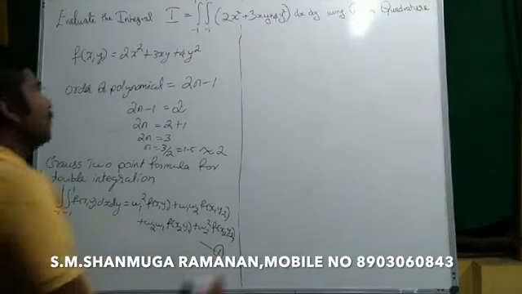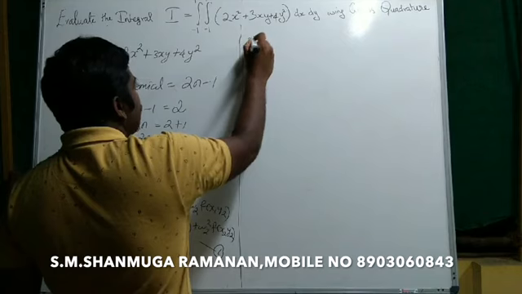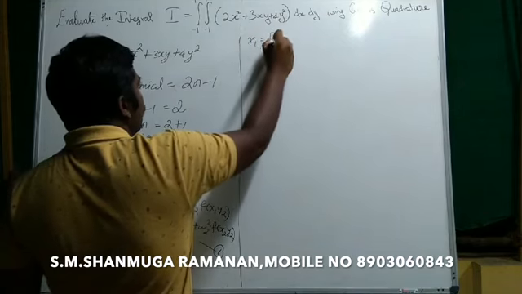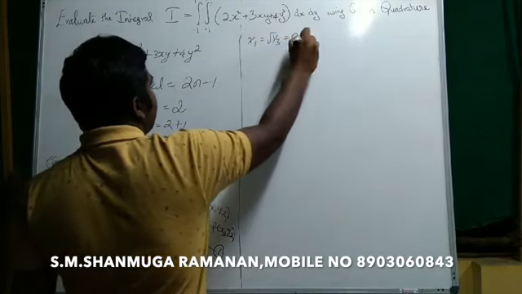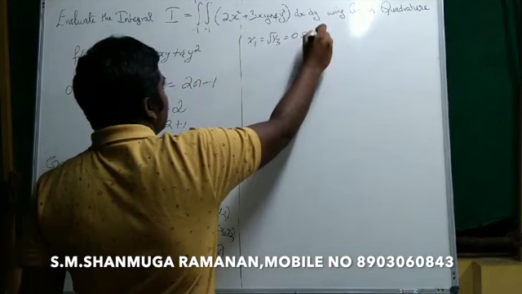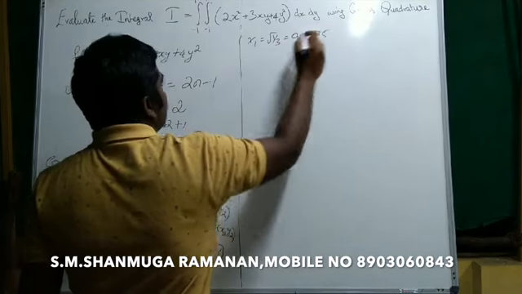For the 2-point formula, x1 = root of 1/3, which equals 0.57735.